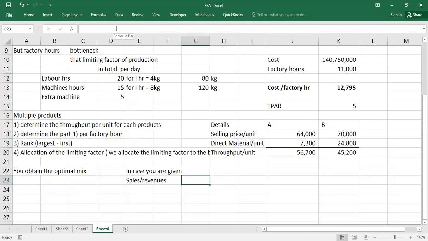For A, you're given, this is B. So you're given maybe 20,000. I'm just giving a scenario, so don't overthink about it. 10,000.